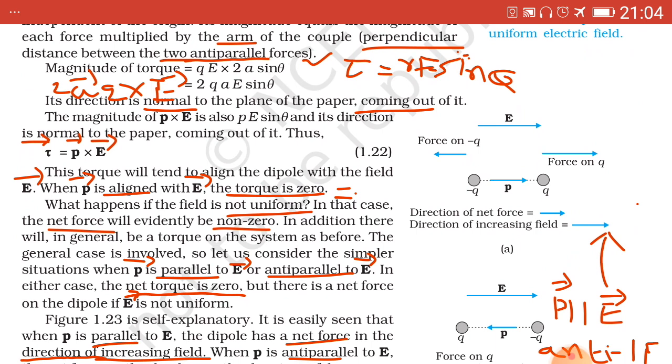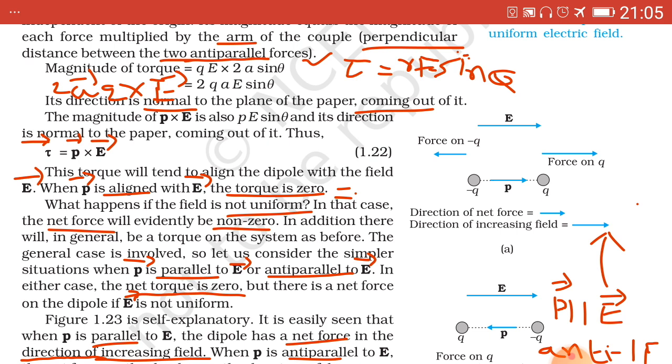This torque will tend to align the dipole, align meaning come in the same line with the field vector E. When p is aligned with E, the torque becomes 0, because we have tau equal to pE sin theta, and sin 0 degree equals 0.